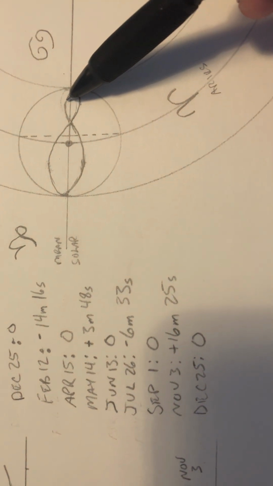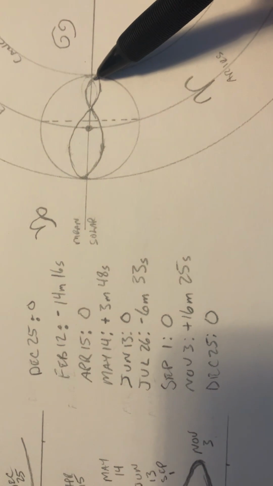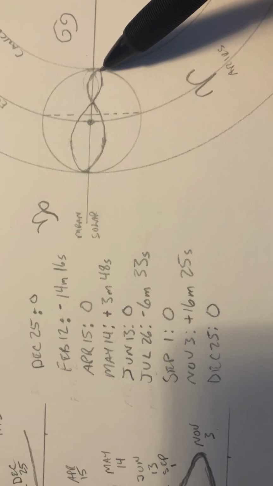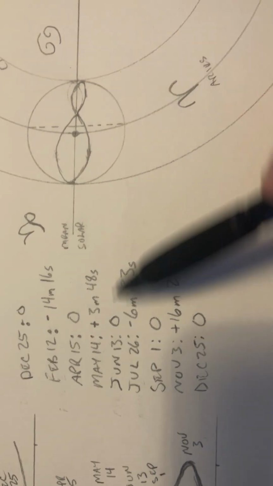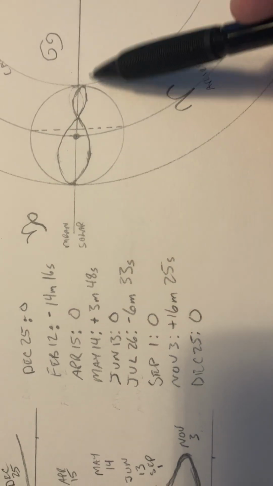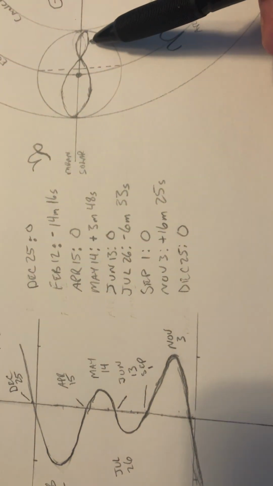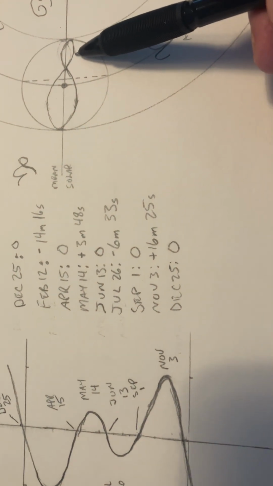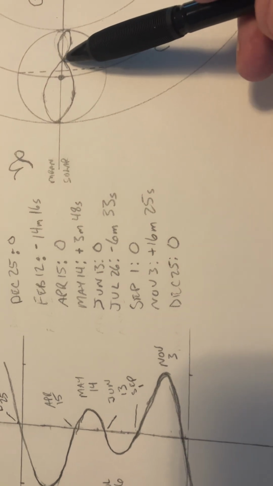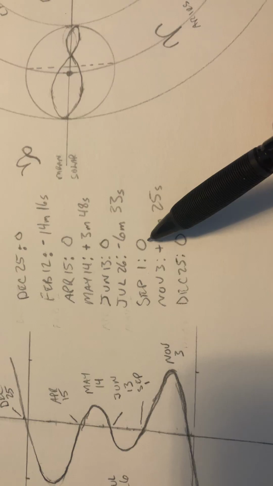Then we're going to start creeping back to our noon time frame, which is going to happen a week, 7 days before the solstice. So we have June 13th, our crossing over, solstice June 21st, and our peak when we wrap back around the other way, July 26th, which is 6 minutes, 33 seconds slow. Then we work back to the crossing again, September 1st.